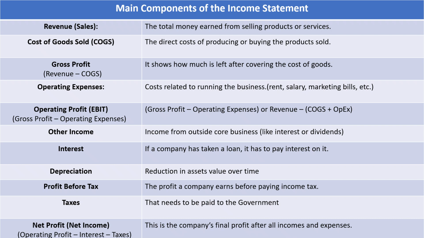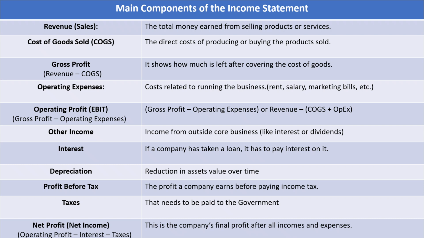Then we have gross profit. Gross profit is calculated by subtracting COGS from revenue, and it shows how much is left after covering the cost of goods. Then we have operating expenses. This is the cost related to running the business, like rent, salary, marketing bills, etc.